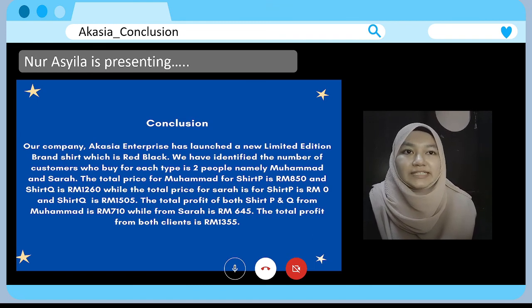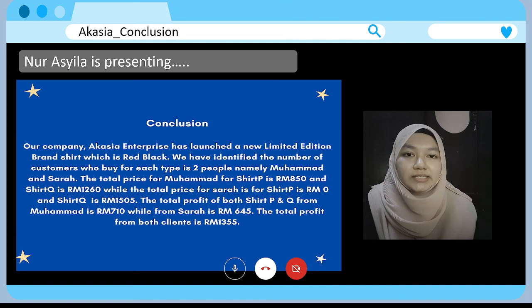While the total price for Sarah for t-shirt P is RM 0, while for t-shirt Q is RM 1505. The total profit of both shirt P and shirt Q from Muhammad is RM 710, while from Sarah is RM 645. The total profit from both clients is RM 1355.